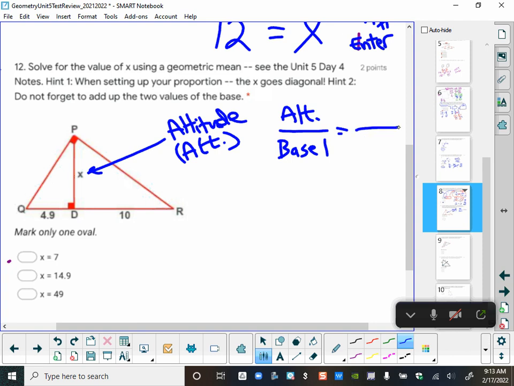Then, for the second half, did the altitude go on the top or on the bottom? Look at our proportion setup. Altitude. Do we keep it on the top for both? Where's the altitude going? Second, it has to go on the bottom.